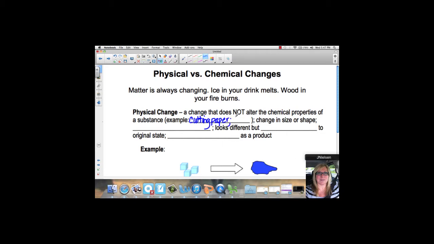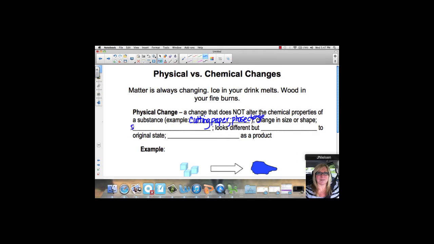Also, a phase change. If I take ice out of the refrigerator and I put it in a bowl, it will melt. I still have water. I just went from water solid to water liquid. So a physical change is a change in the size or shape.